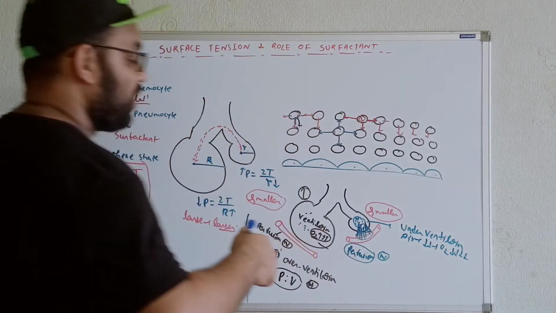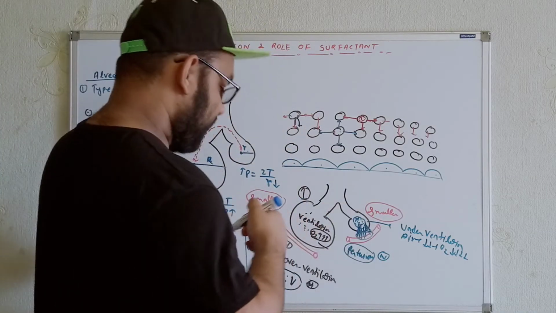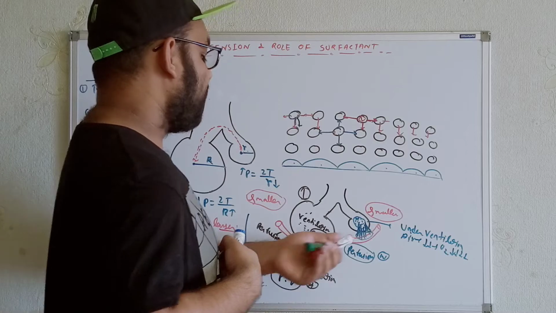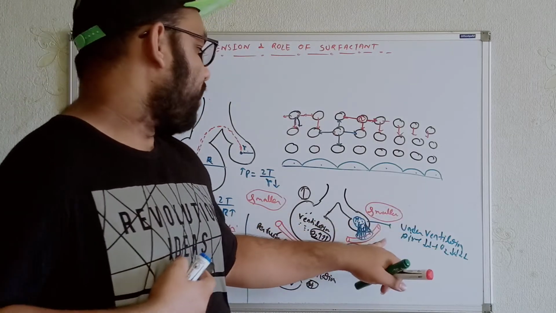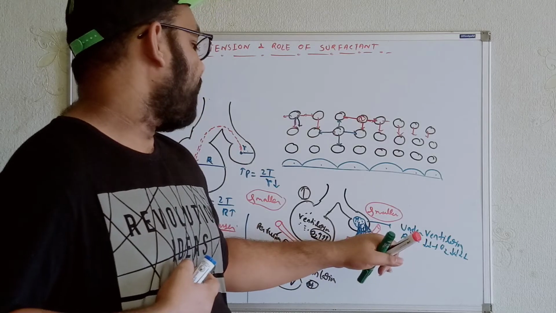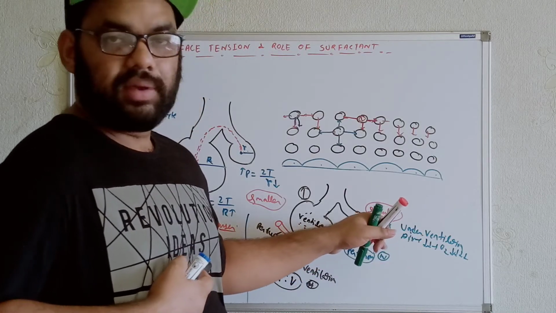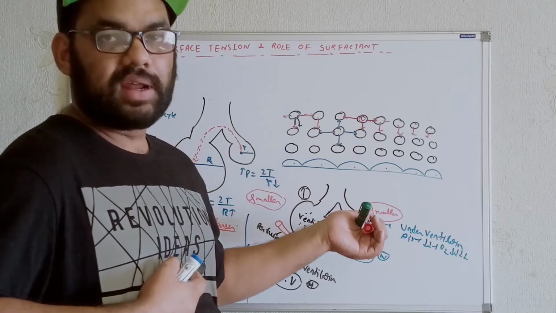Now as the perfusion is normal and the amount of air is less, the blood that comes over here will not be able to get exchanged with the air molecules, because there is a shortage of air molecules.